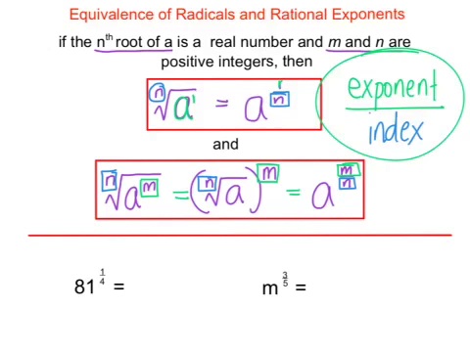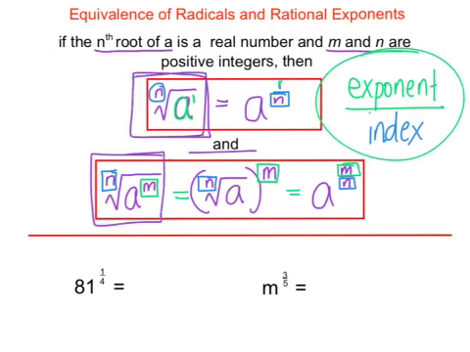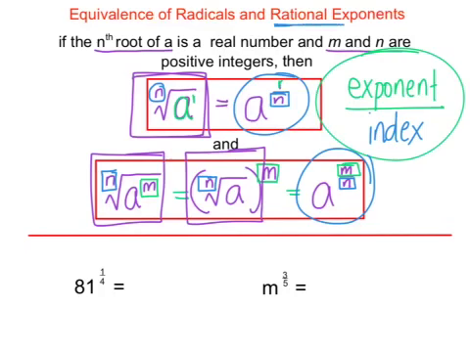And so going from radicals, which have the radical symbol, to rational expressions, where there is an exponent, and because it's a rational, it's most likely going to be a fraction.